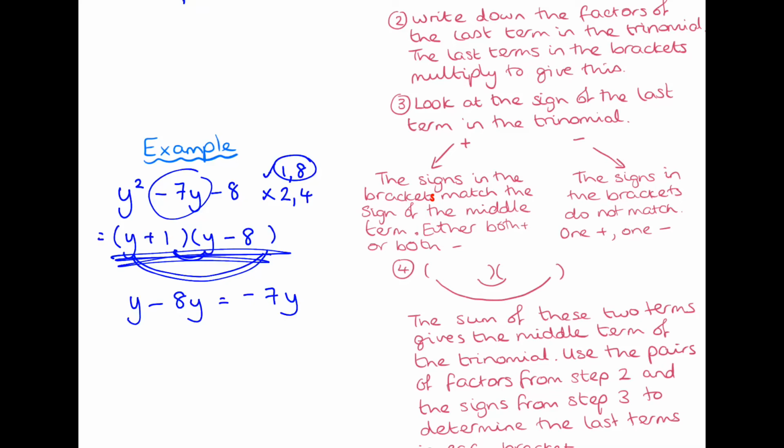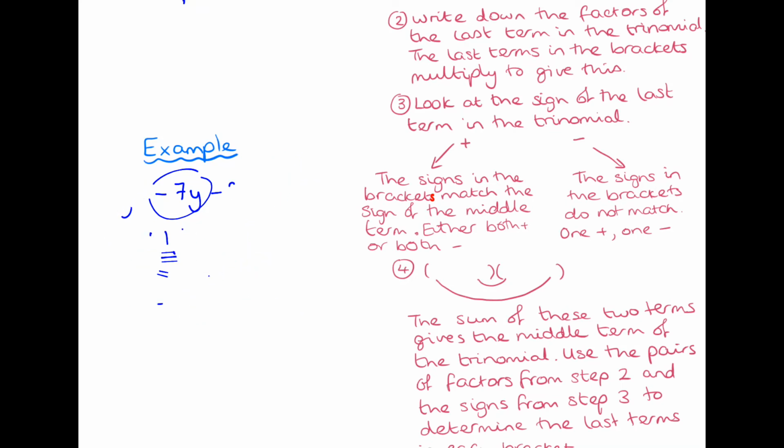Okay, now I'm going to do one more, and this time I'm going to do it without writing everything else down. So I'll show you what you could have written down when you're doing these. Okay, so this time we're going to have d squared minus 5d minus 14, I think.